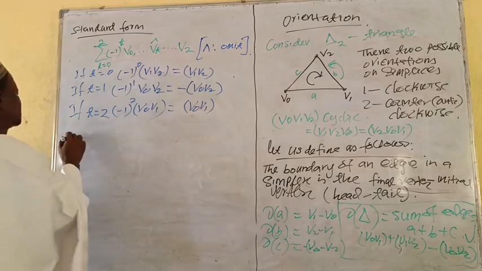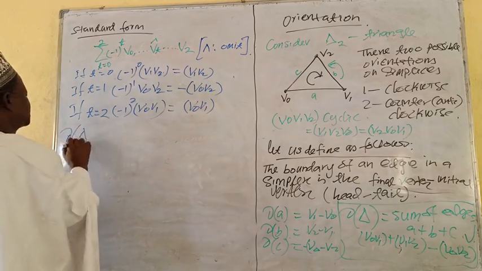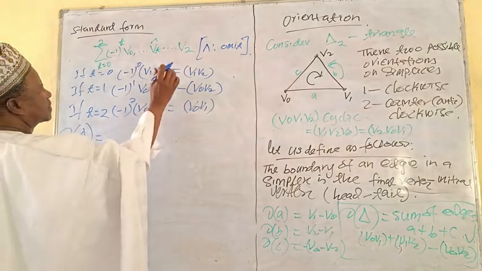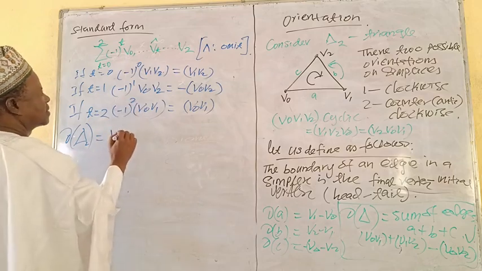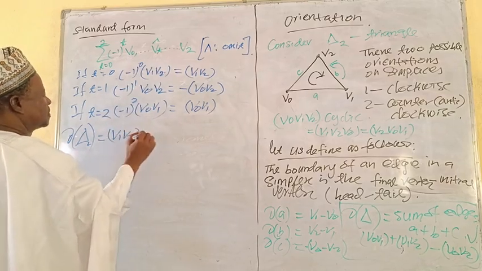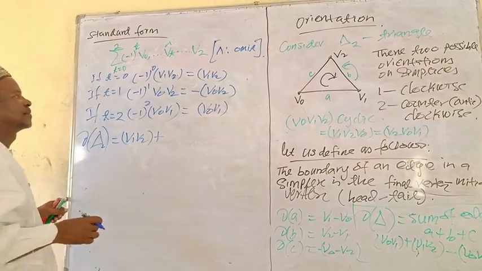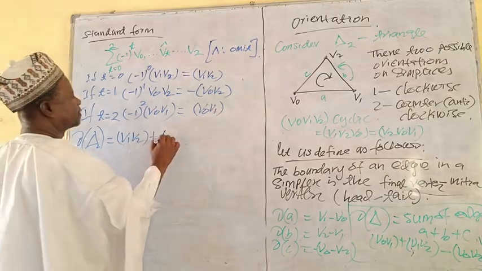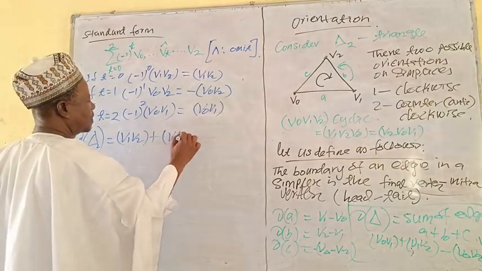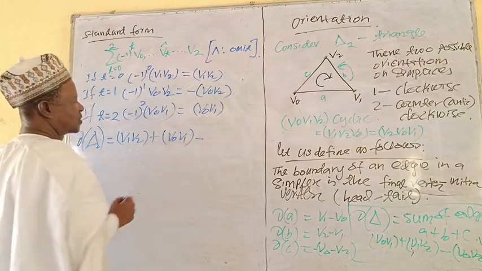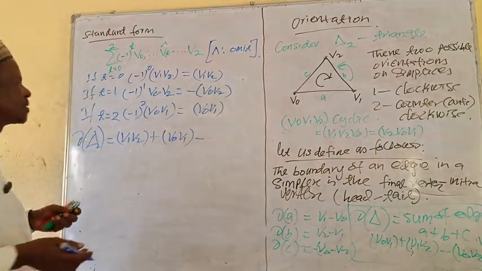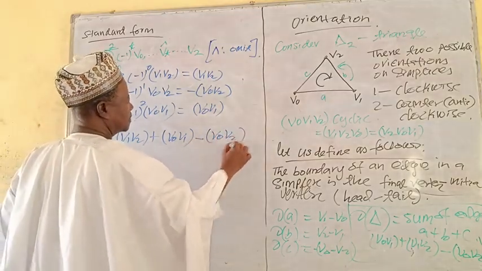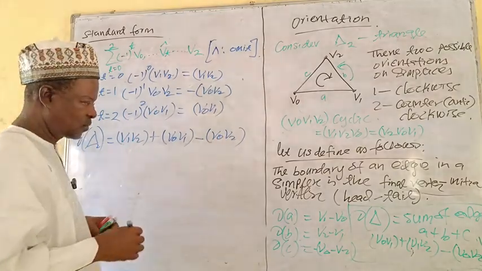Because you are doing the sum, the boundary is the sum now, isn't it? So I will write the first one, B1, B2, plus the second one, which is plus B0, B1, minus B0, B2. So this is what we should have.